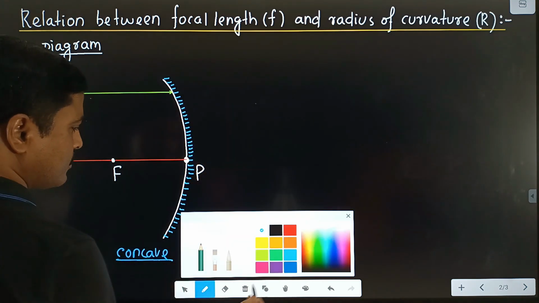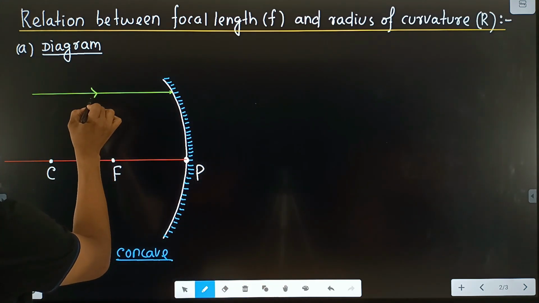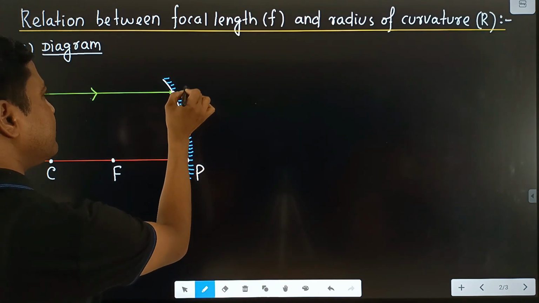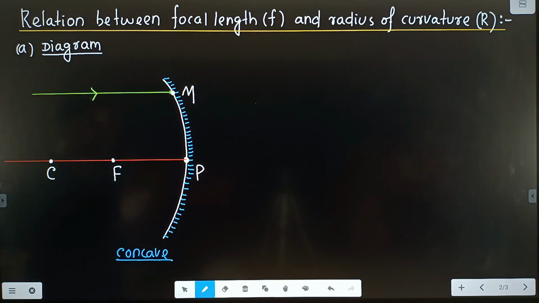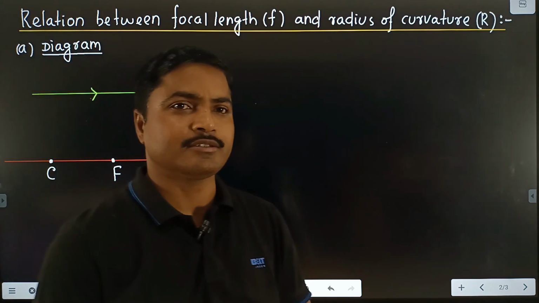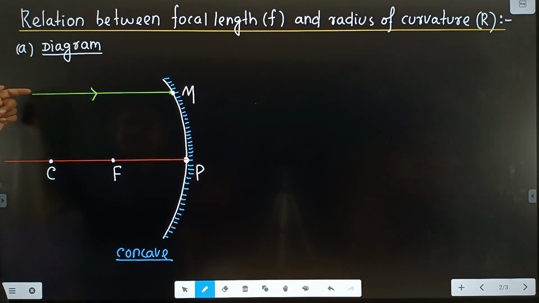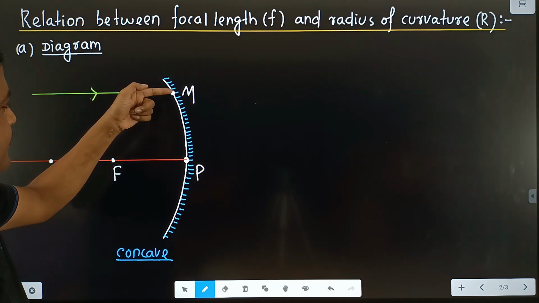Then what happens? The incident ray meets at the point M. Suppose this point is M, and this point is known as the point of incidence, because the incident ray meets the reflecting surface at this point.